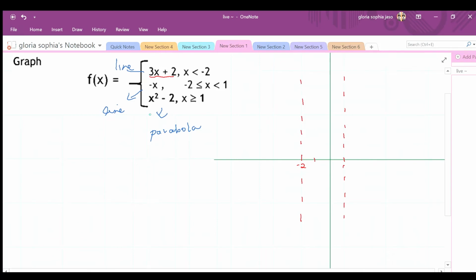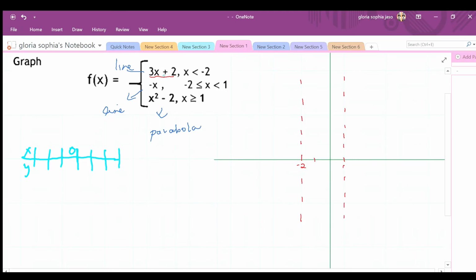Ayan. So, yung pinakauna natin is 3x plus 2. So, gawa tayo ng table of values. So, 3x plus 2. Ayan. So, piliin ko muna si 0.